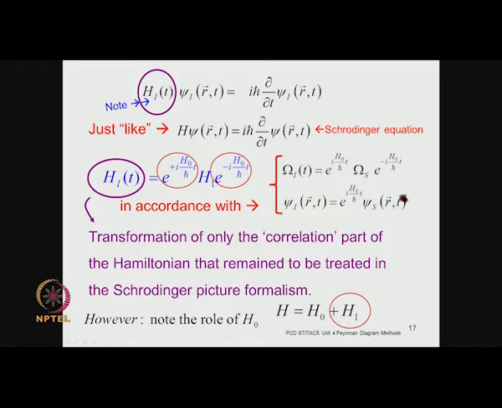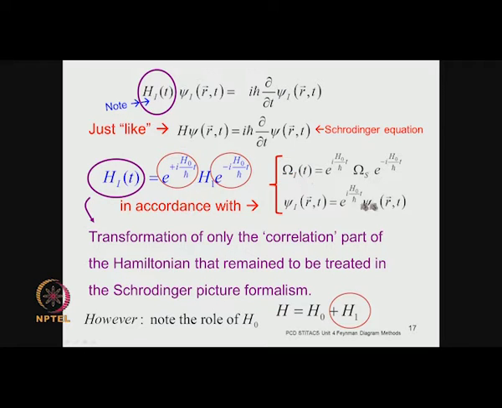So, this is the wave function, and this is transformed to a new function which is on the left hand side, and the new wave function is obtained from the previous old wave function in the Schrodinger picture by a transformation operator which is made up of this exponential function operator, but it has only the unperturbed part of the Hamiltonian, only the H0, and this makes both the wave function psi I time dependent and the operators omega also time dependent.